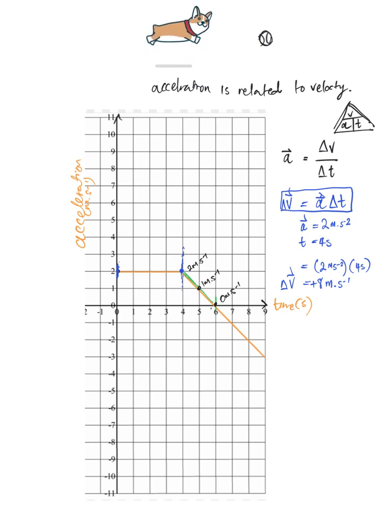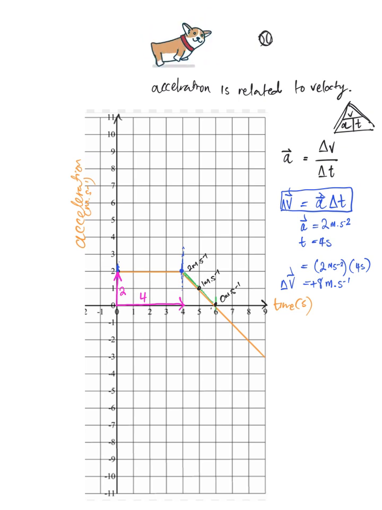But we're in luck. The geometric aspect of these graphs is going to make our lives a little bit easier. Let's look at what we're saying about this acceleration. I'm doing it in pink: in the y direction, it was going up by 2, and in the x direction, it was going across by 4, so 2 and 4 units.